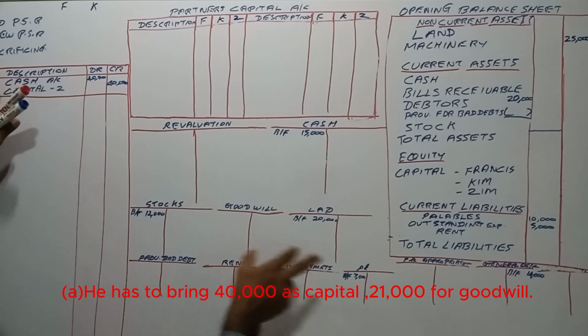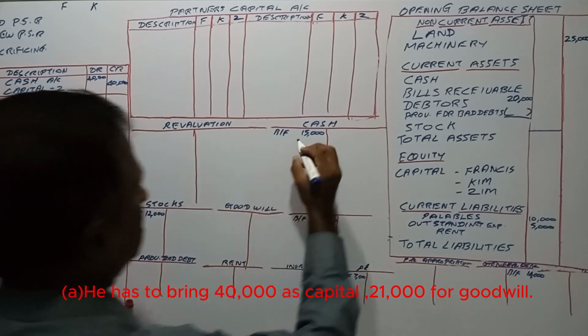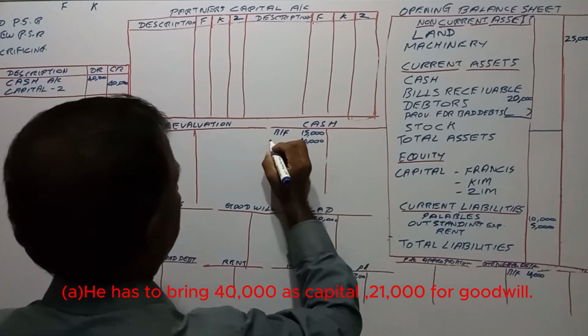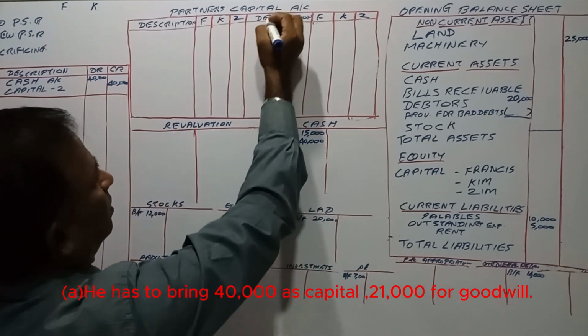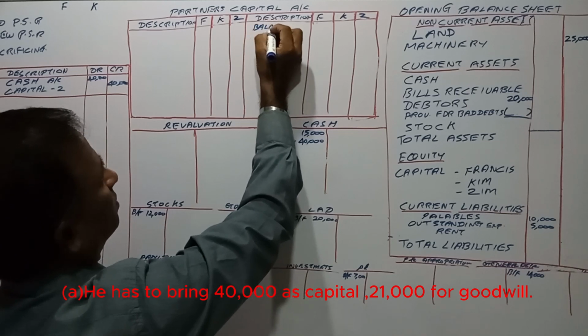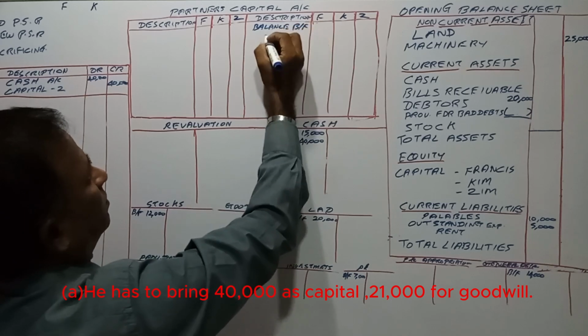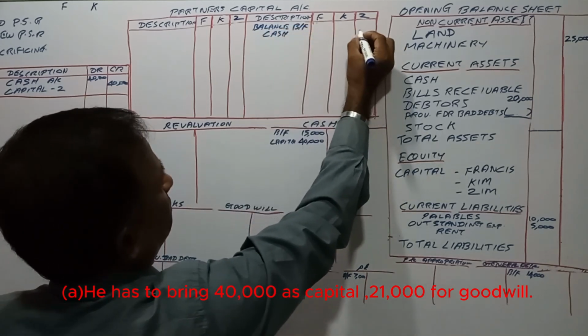The double entry in the ledgers: cash account debit 40,000, and capital account credit. Capital account credit. Balance cash 40,000.